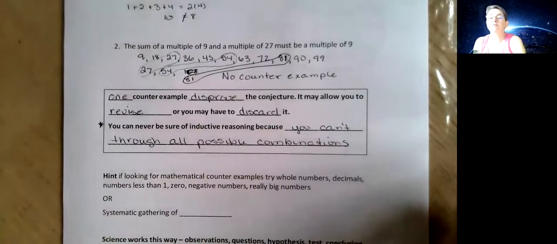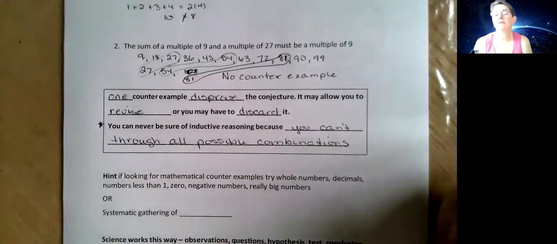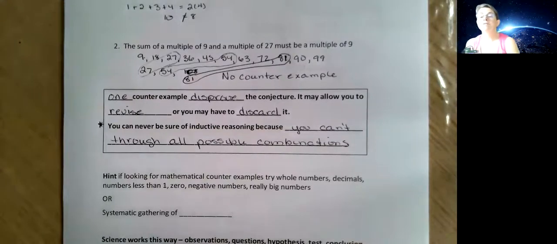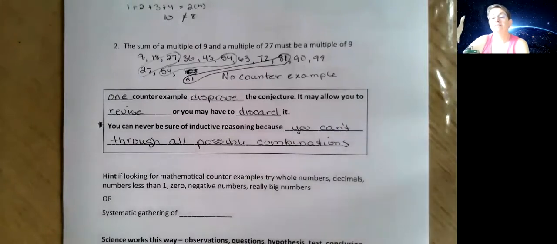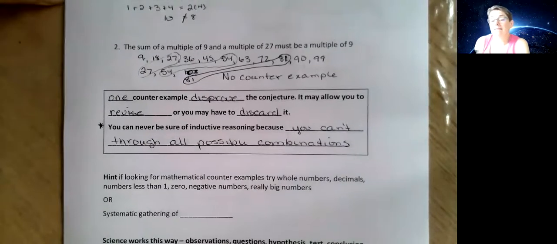If you're looking for a sum of 2 even numbers, and it's supposed to be even, well, how long do you keep trying and making sure that they're even? Is it good when you've done 3? Is it good when you've done 10? Do you need to do 40? Do you need to make a computer program and do thousands? Yeah, you never know. There might be something out there somewhere.